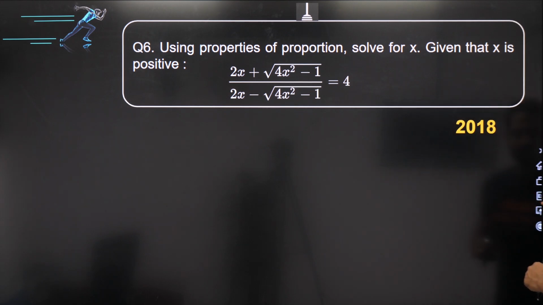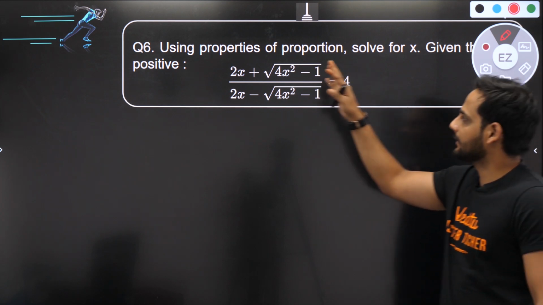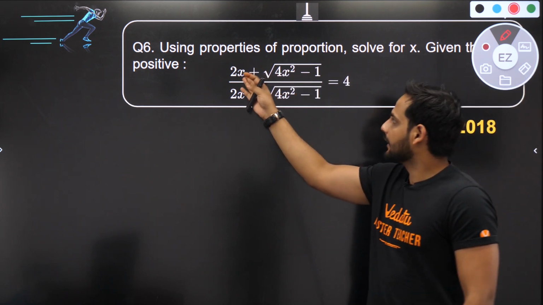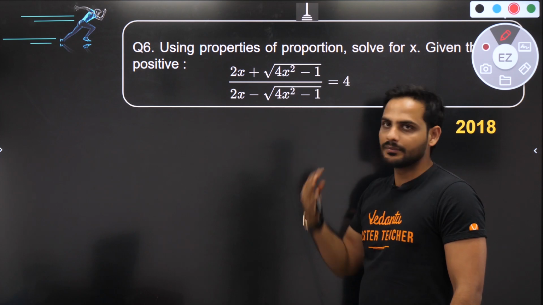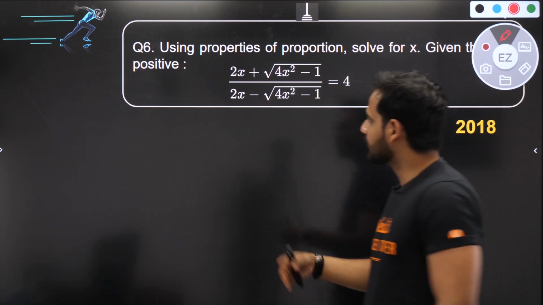Beta, see, again if you look at this part, it is of the same pattern. Okay, a plus b, and something a minus b is there. Correct, right? So apply the componendo dividendo rule.